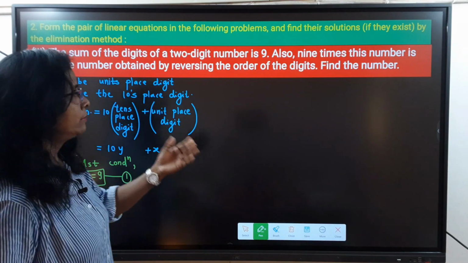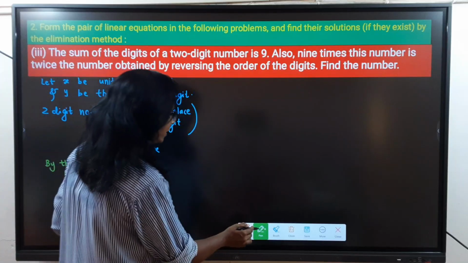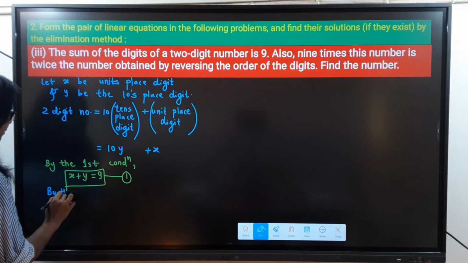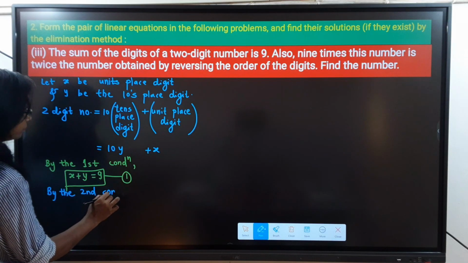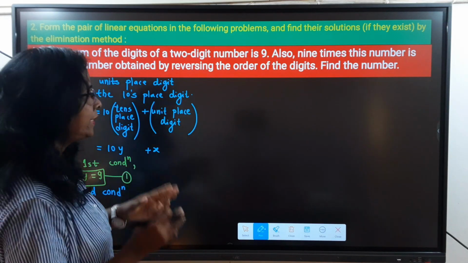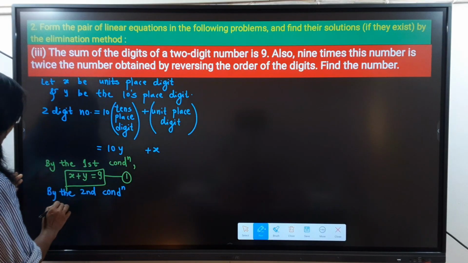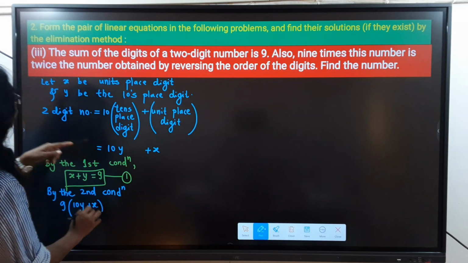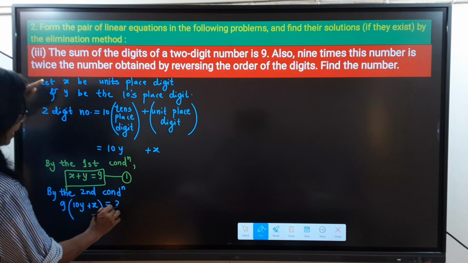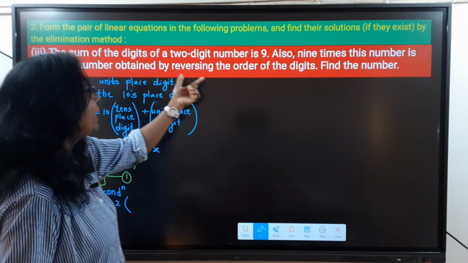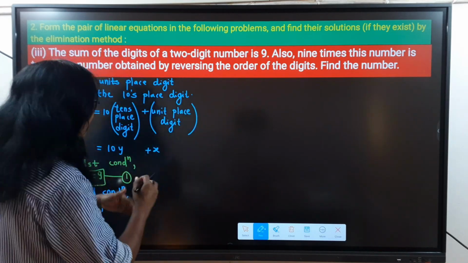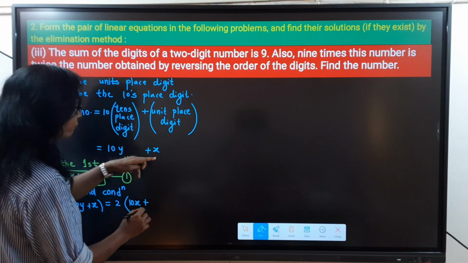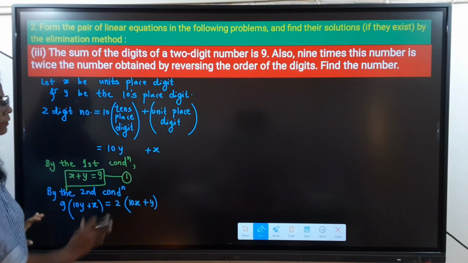Now the second condition: 9 times this number, this 2-digit number 10y plus x, is twice the number obtained by reversing the order of the digits. So reverse these numbers: at the place of y we write x, and at the place of x we write y. So this will be our second equation.